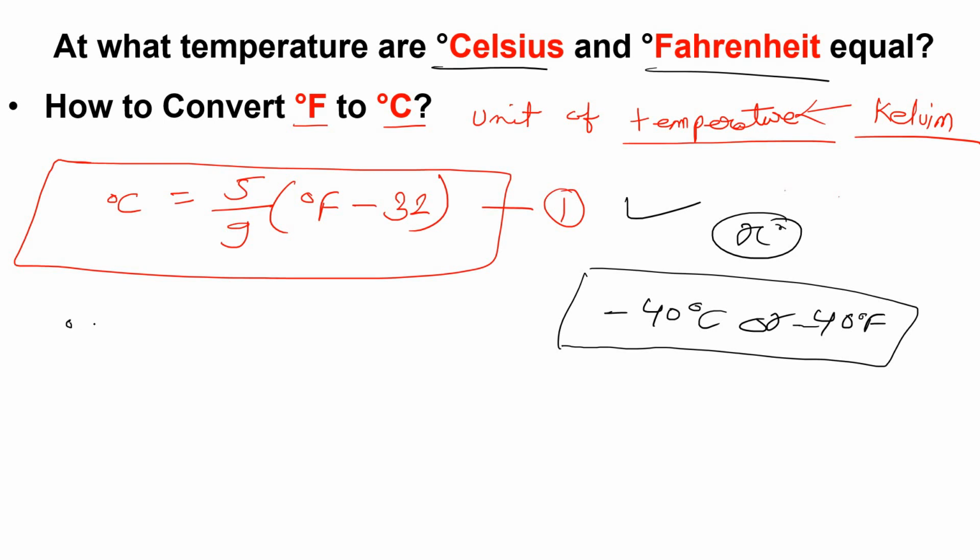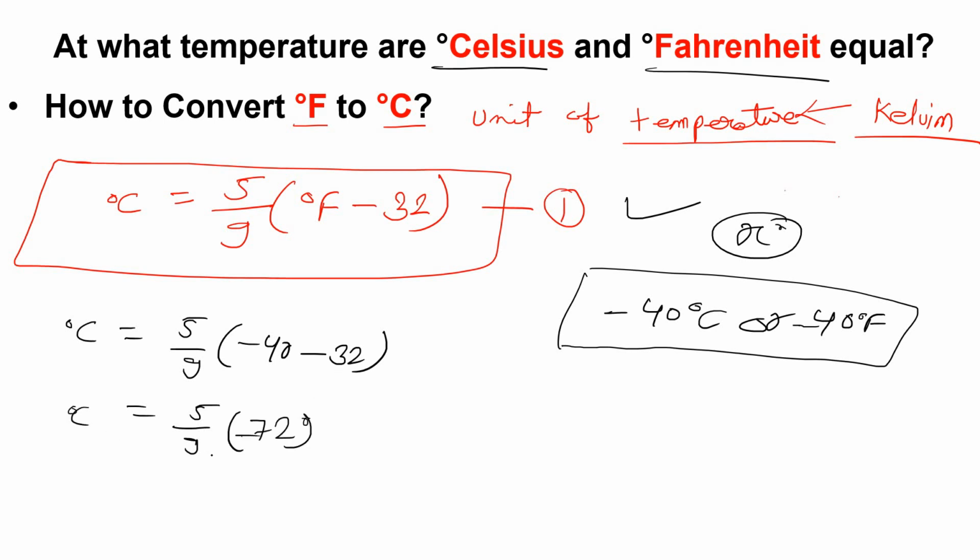Simply see, degree Celsius is equal to 5/9 times (minus 40 minus 32), which is 5/9 times minus 72. Multiply by 10, so it will be minus 360 divided by 9. What will be the answer?